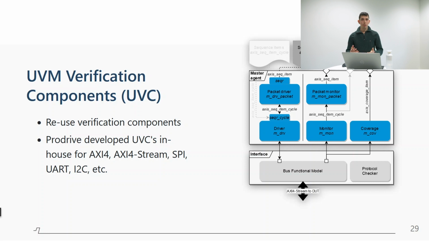We have evaluated a number of them from external companies, but we were not satisfied with them. Therefore, what Frey said about we like to be in control of our code also holds for this. So we have UVCs for AXI4, AXI-Stream, SPI, UART, I2C, and many more.